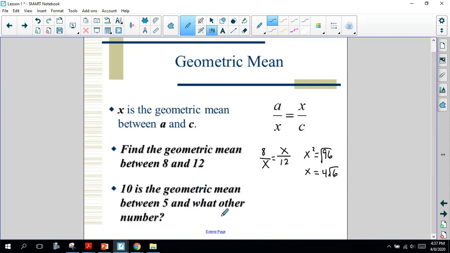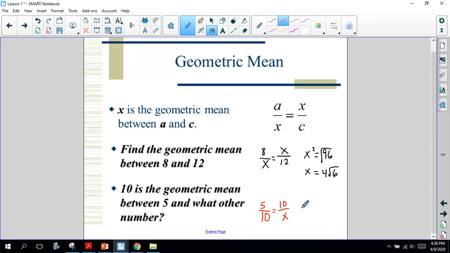Much like the second one here, it says 10 is the geometric mean. So in this particular one, 10 being the geometric mean means that 10 repeats as the means. And 10 is the geometric mean between 5 and what other number? Well, since we don't know, I'm going to call this x.